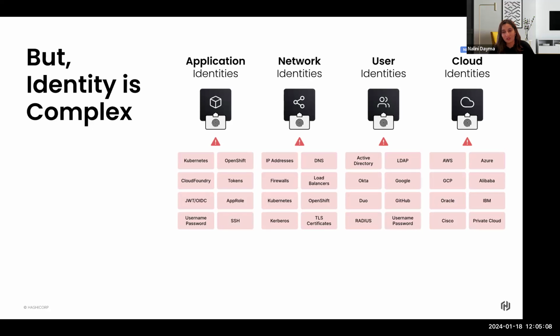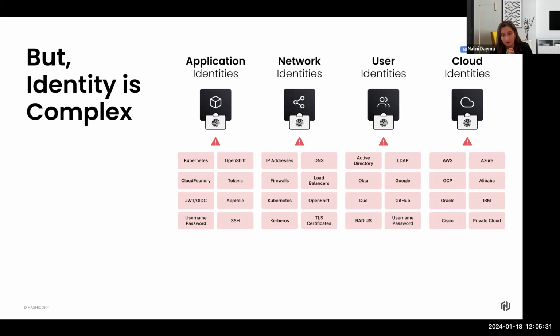As we grow from traditional infrastructure environments into multi-cloud or hybrid cloud environments, identity becomes more and more complex. If you look at the diagram, there are different types of identities in the zero trust framework.